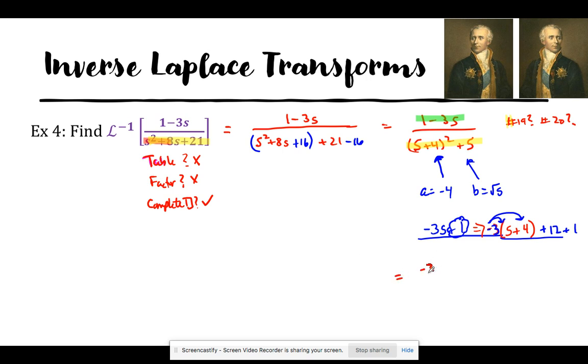So I have -3 times s plus 4, plus 13, all on top of, wait, does it have to all be on top of? What if I do this?